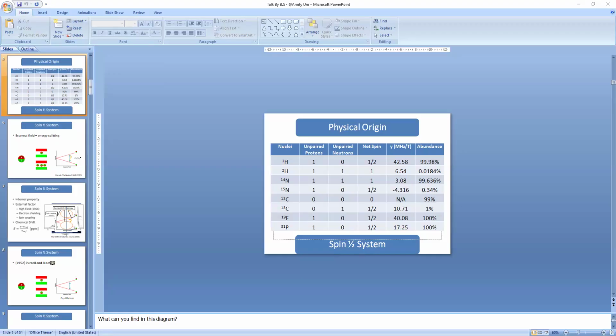Sir, am I audible to you? Yes, yes. I think your slide is not moving, sir. You are on which slide, sir? Right now I can see the spin half system. No, sir, solid state NMR spectroscopy.